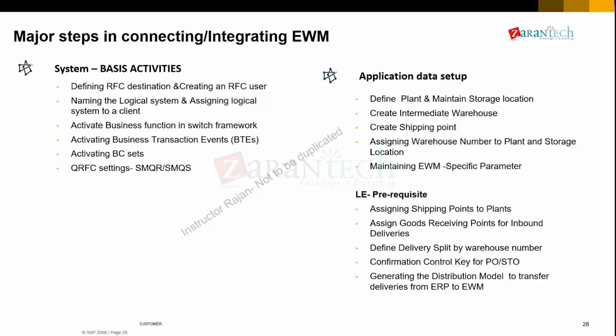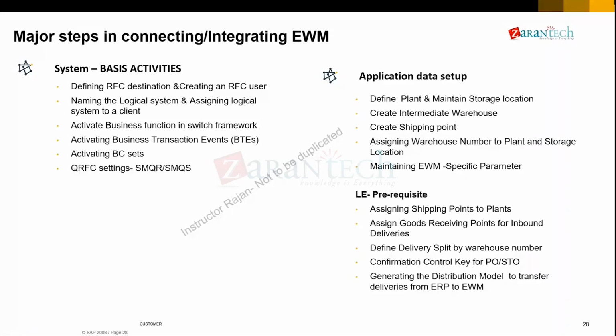Assign warehouse number to plant and storage location. First we have to define, and then we need to assign the org elements, plant and storage location, to the warehouse number. And the last setting, maintain the EWM specific parameters, wherein we activate the warehouse for EWM. And also we say whether the distribution is immediate or a delayed distribution, and also some other attributes like the batch determination and serial number management and so on and so forth.